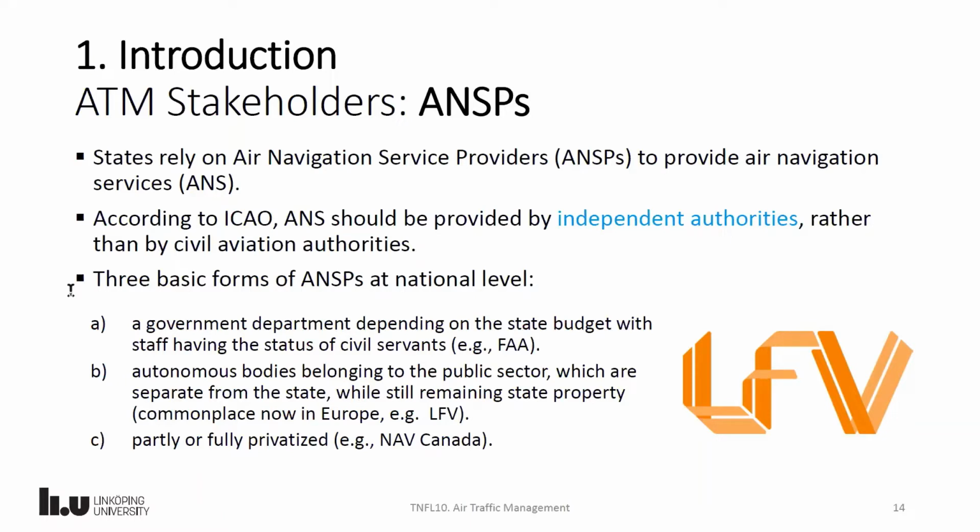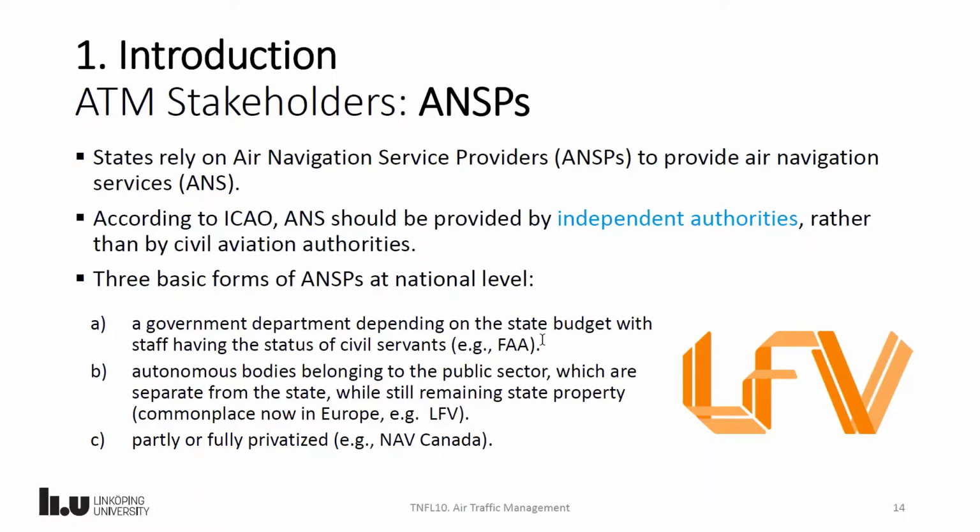So we have three basic forms of air navigation service providers. First, we have government departments. So they are dependent on the state budget, and their staff have the status of civil servants.